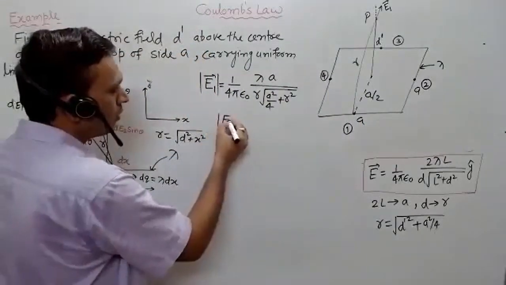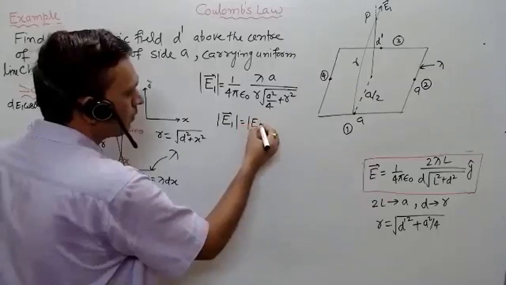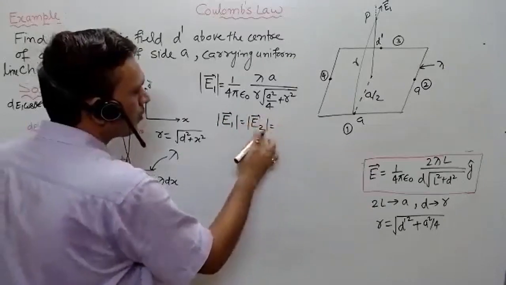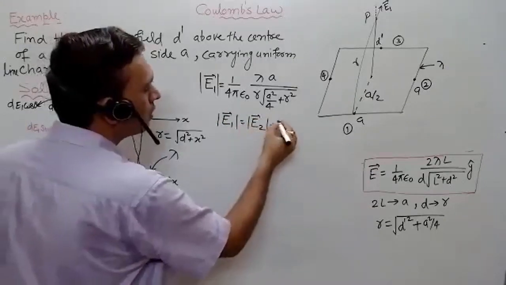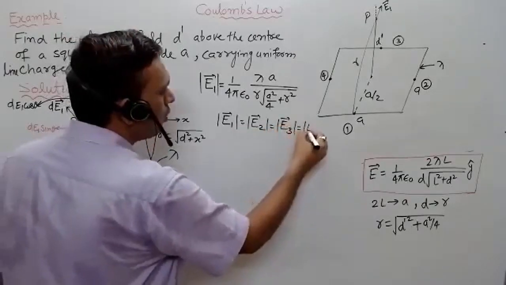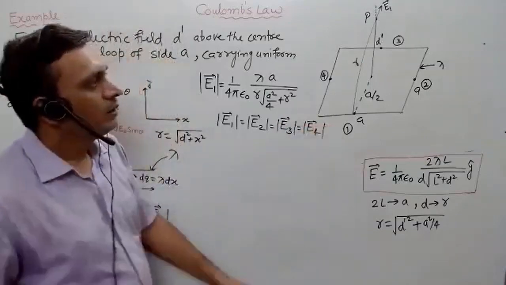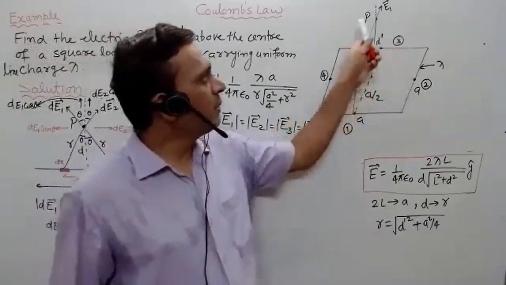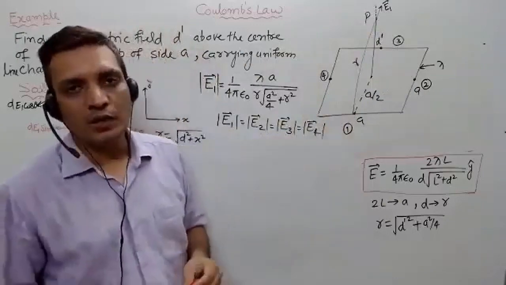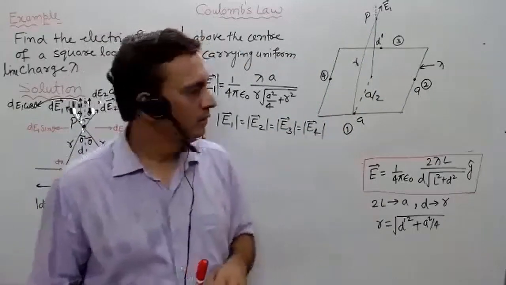So mod E1 is equal to mod E2 is equal to mod E3 is equal to mod E4. So due to each segment at this point the magnitude will be the same, but their direction will be different.